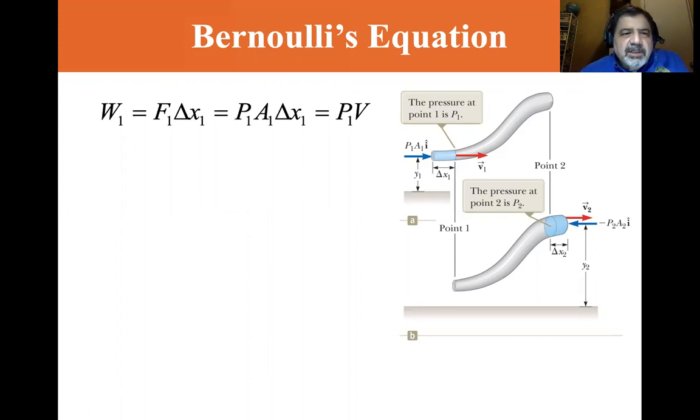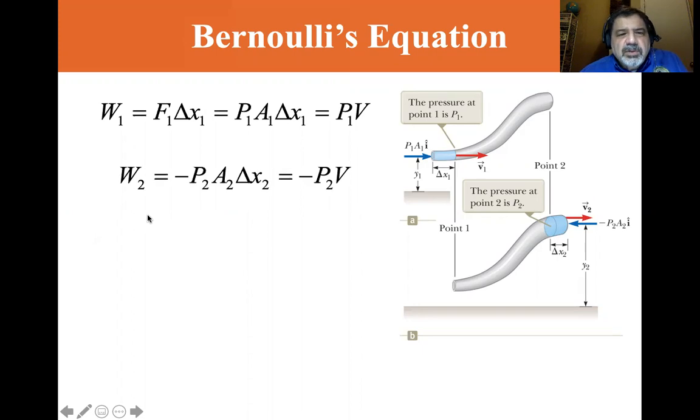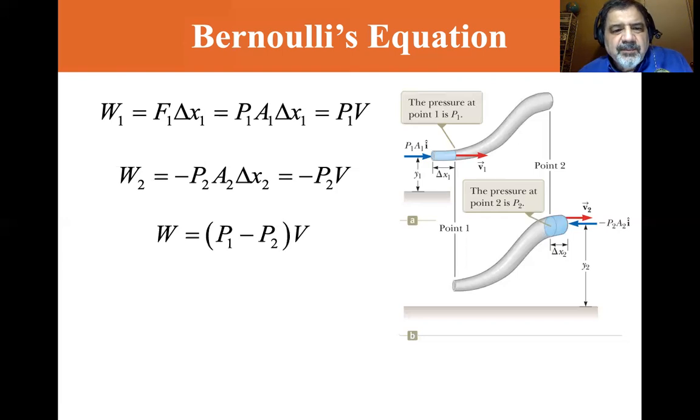And we can see that the work two is minus P2 A2 delta X2, which is equal to minus P2 times the volume. The same volume. We're discussing streamline flow and incompressible fluid, so the volume is the same. So the work is equal to P1 minus P2 times the volume.